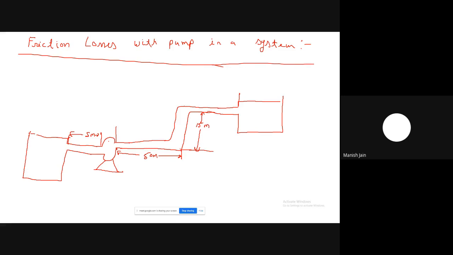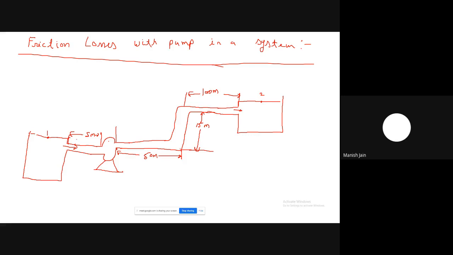Then after the elevation, this pipe is 100 meter. So this is tank 1, this is point 1, this is point 2. So you are pumping the fluid from point 1 to point 2.